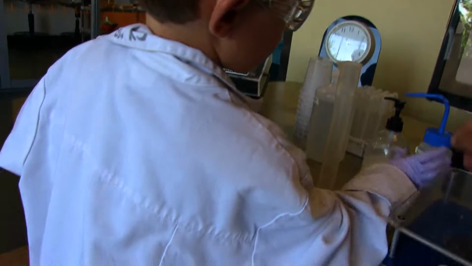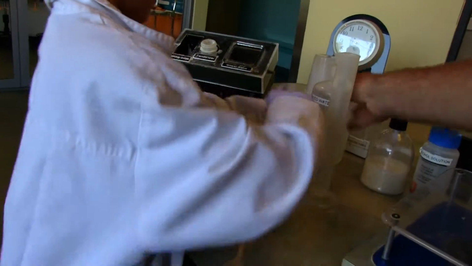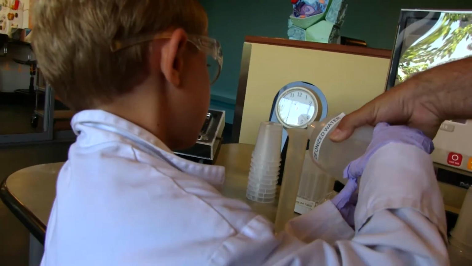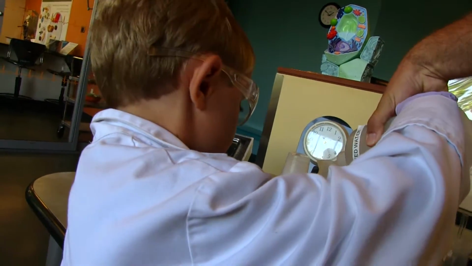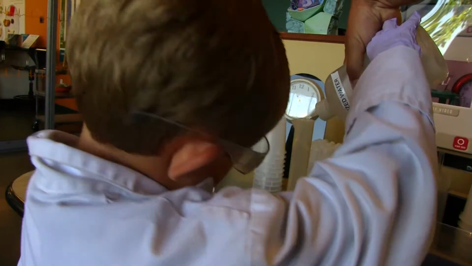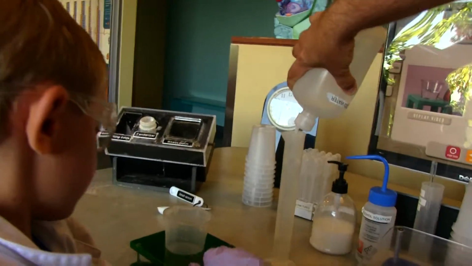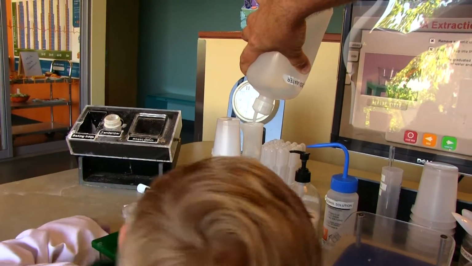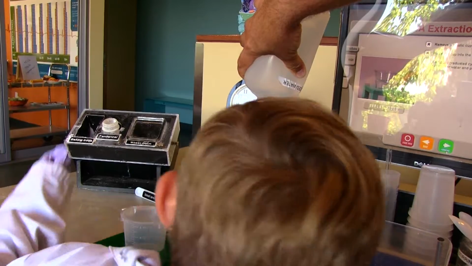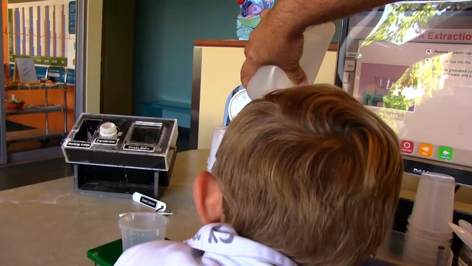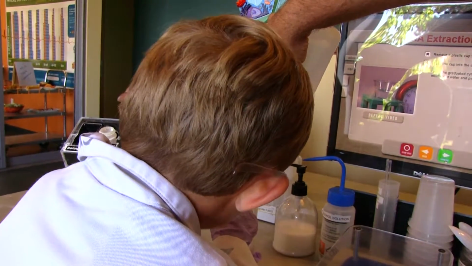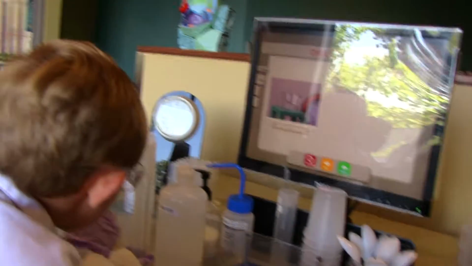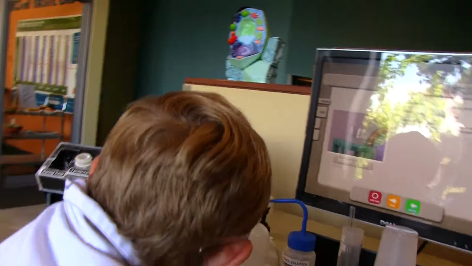You need water. Okay. We want to do how much? 100 milliliters. Need help? Okay, where's the 100? Here. Okay. All right. Do we have 100 milliliters? Yeah? Okay, pour it in the plastic cup.